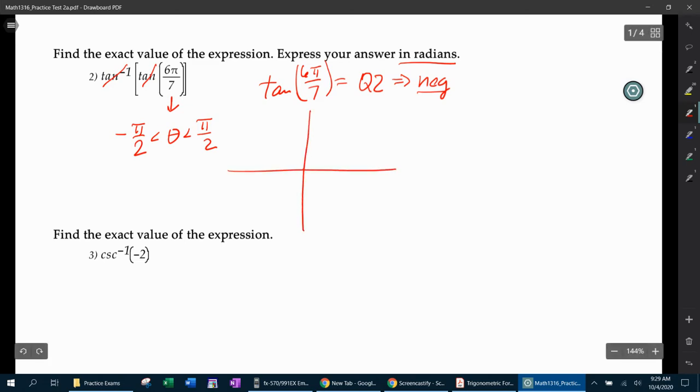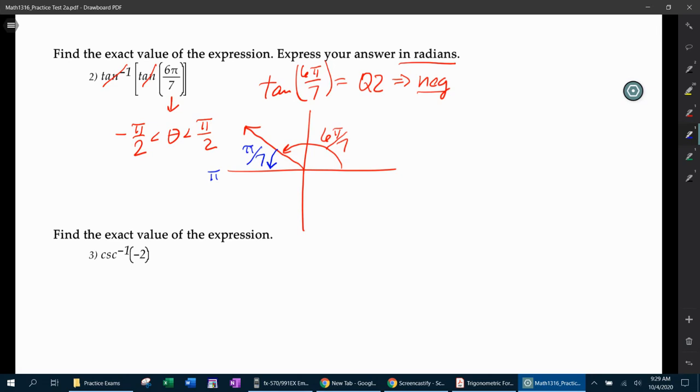All right, so check this out. 6 pi over 7 would be quadrant 2. And what I want to know is how many radians would it take to get on to pi? Well, if I'm at 6 pi over 7, it would take another pi over 7 to get to pi.